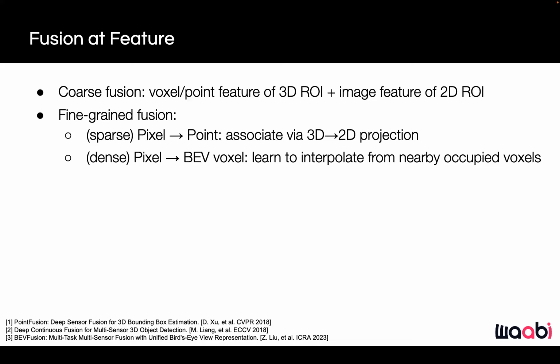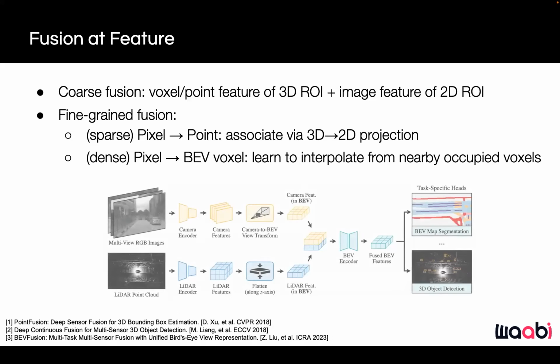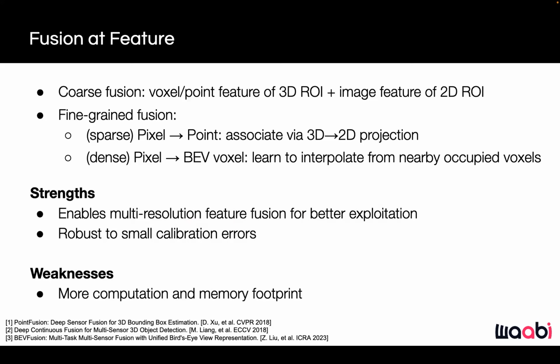After feature interpolation, we can achieve a dense pixel to voxel fusion. Feature-level fusion fully exploits complementary multi-scale information and is more robust to small calibration errors. However, it requires feature extraction on each sensor modality, which brings more computation cost.